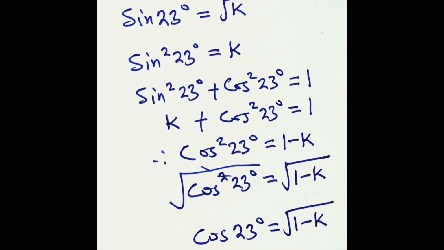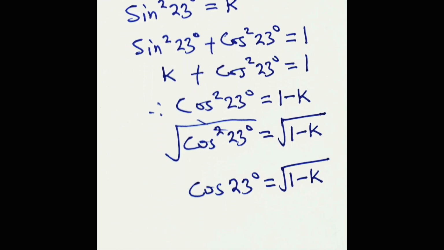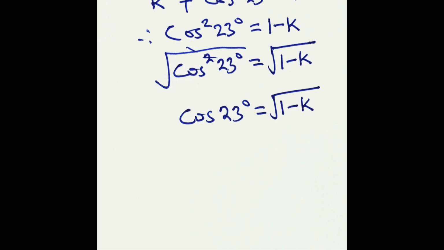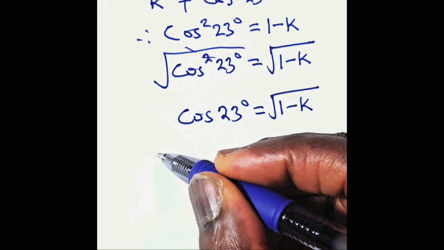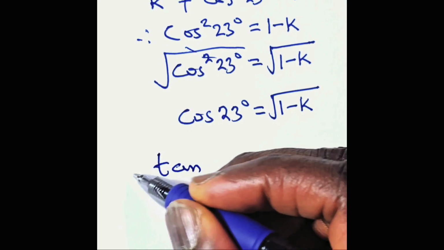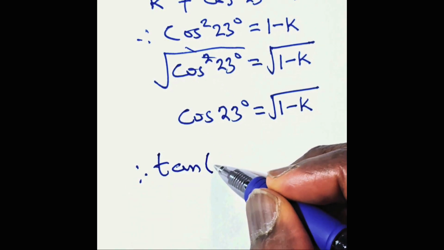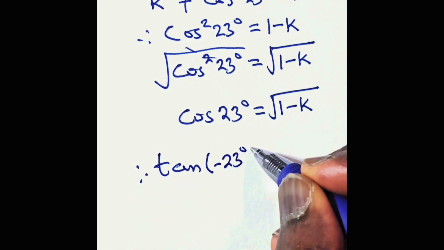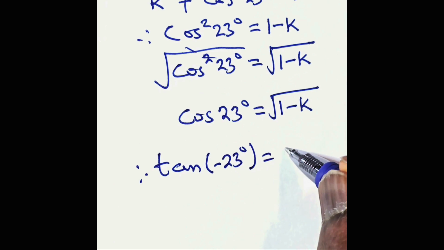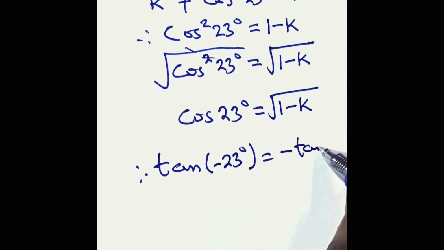That means we already have sine 23 degrees and cos 23 degrees. So we can go into tan minus 23 degrees, which is the same thing as minus tan 23 degrees.